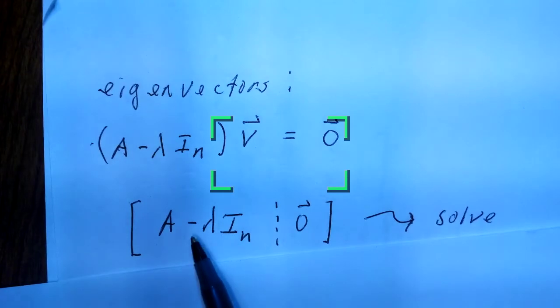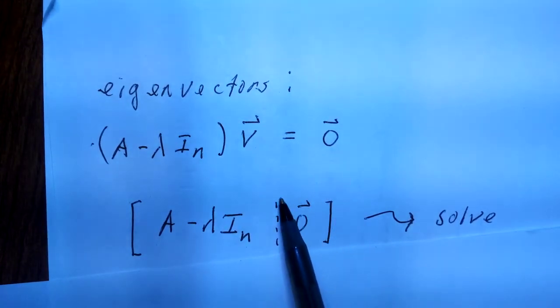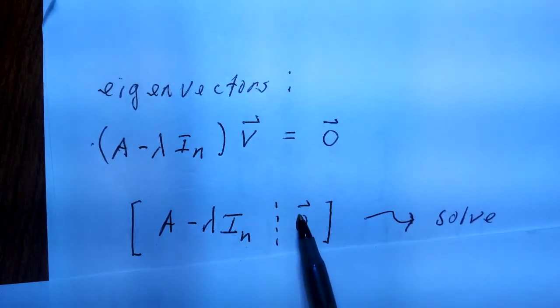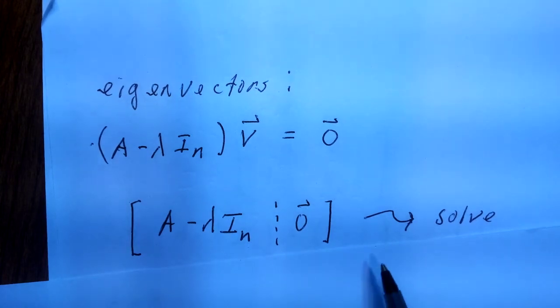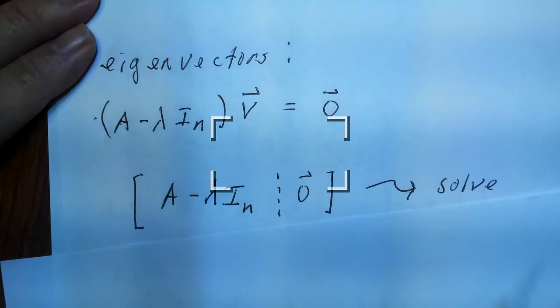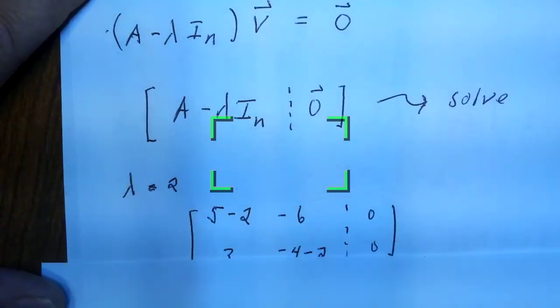This is a system of equations which we can write using an augmented matrix. We can take an augmented matrix, put the zero vector in the rightmost column, and put A minus lambda times the identity over here, and we can solve it, and that's going to give us our eigenvector.